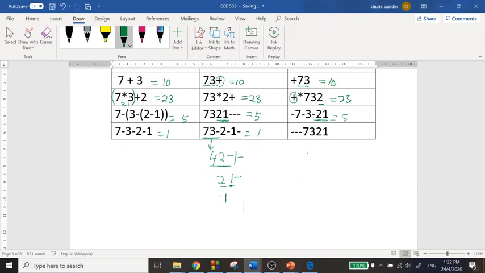And at last we found an operator, which is the minus sign. So you have to go back to the previous two operands, which is this one. So just copy it back, minus minus.